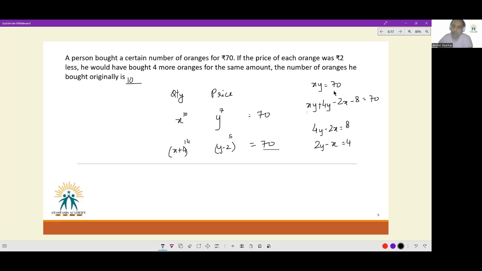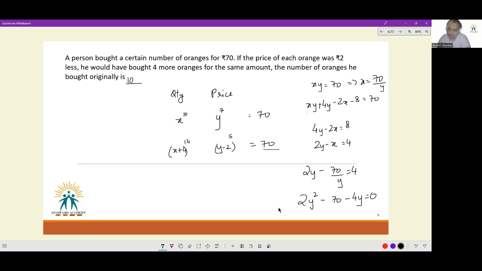From here we will get x is equal to 70 by y. Put that here. 2y minus 70 by y equal to 4. So 2y square minus 70 minus 4y is equal to 0.